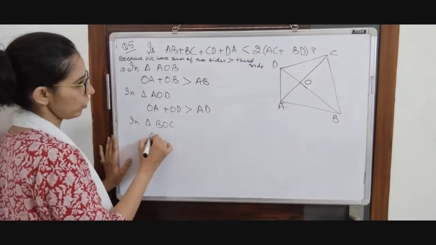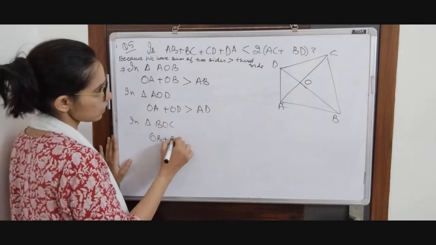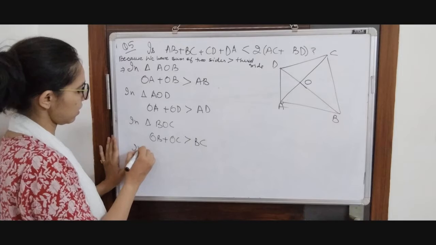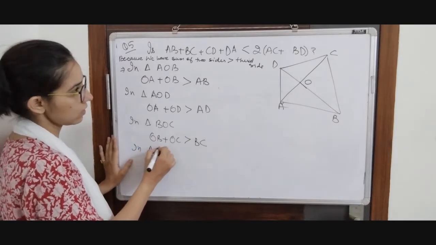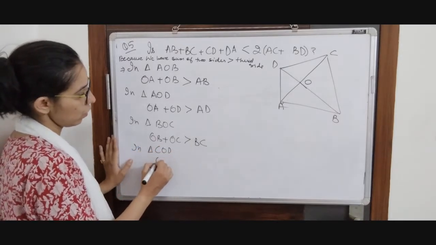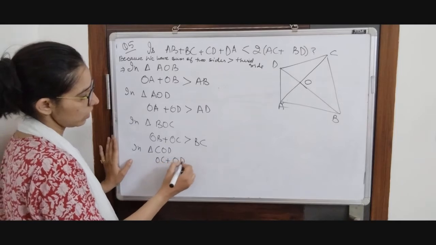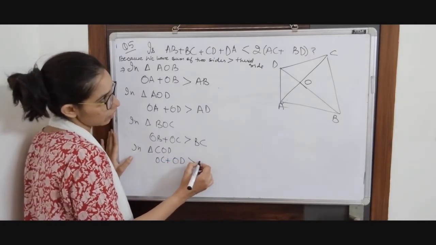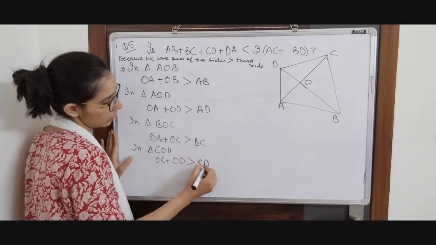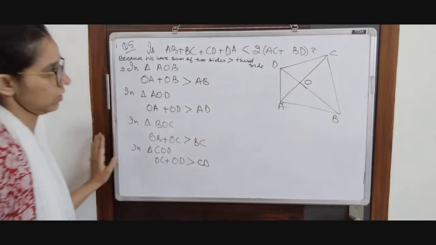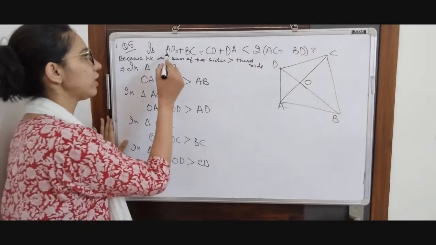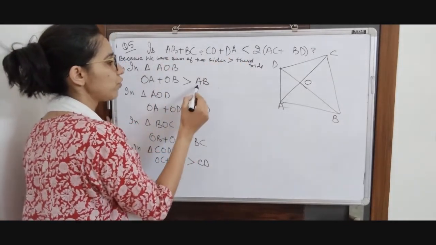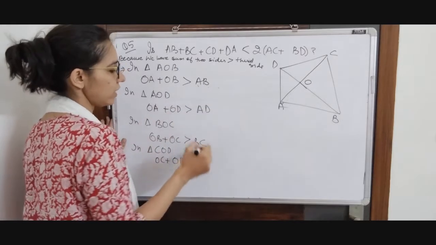In triangle BOC, OB plus OC is greater than BC, and in triangle COD, OC plus OD is greater than CD, because we want the less than side towards AB, so we are isolating the sides AB, AD and so on.